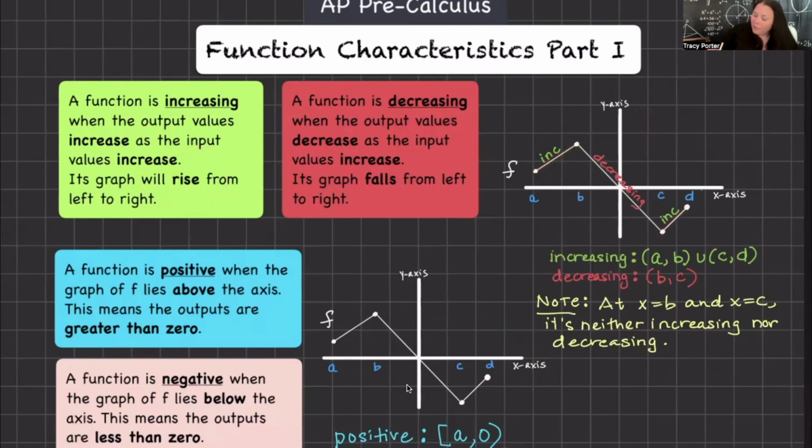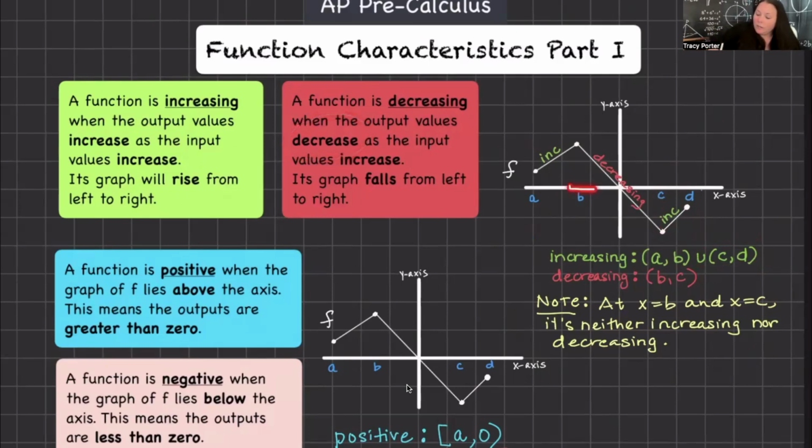And so for these two, we would say this in interval notation that it's increasing on the interval from A to B. But then it also, you can see, lines up with C to D, increases on the interval from C to D. So decreasing, very similarly, the only thing that's going to change here is your output values are going to decrease.